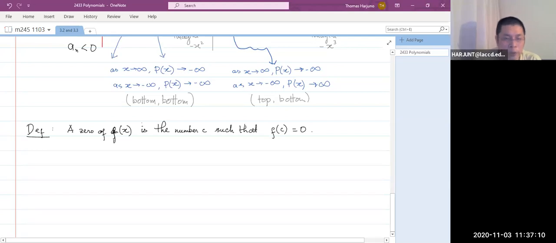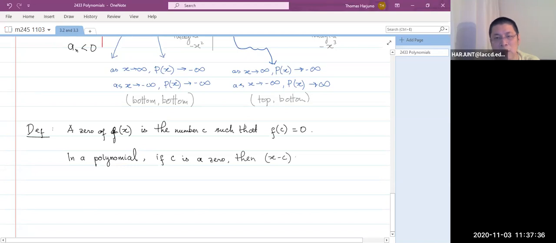Now, in a polynomial, you will see later on that if c is a zero, then x minus c is a factor, and vice versa.